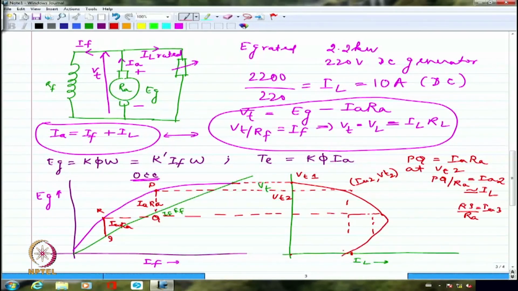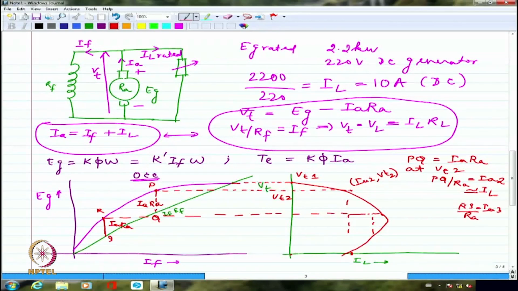it may end up under short circuit condition. If I just short circuit the load terminals, voltage will be 0. If the voltage is 0, that means I am not getting any terminal voltage at all. But maybe there is some internally generated voltage for sure.